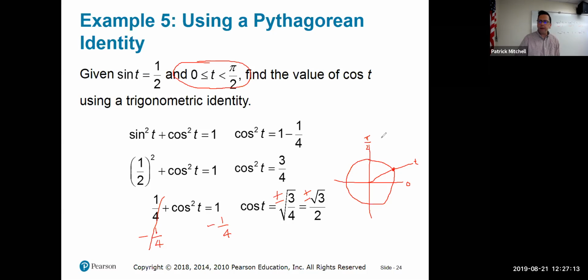So I can see from that picture that both x and y are positive, all right? So it is not negative. We'll cross it out like this maybe. All right, so it's just square root of 3 over 2, not plus or minus, just plus.